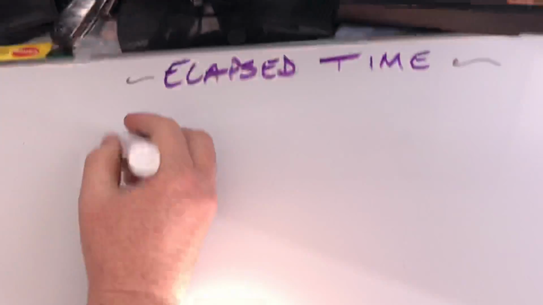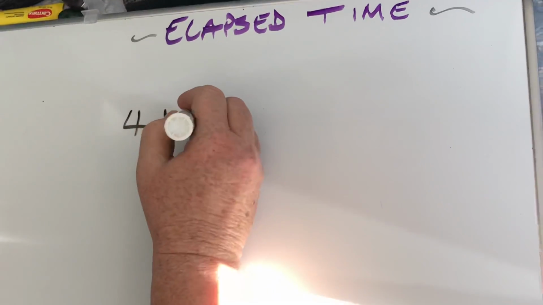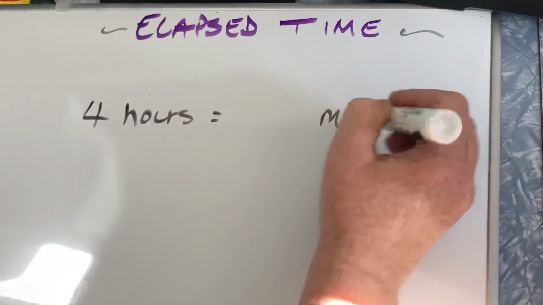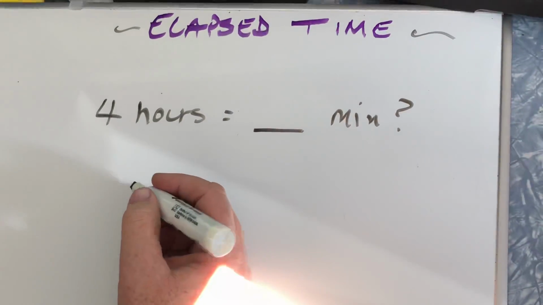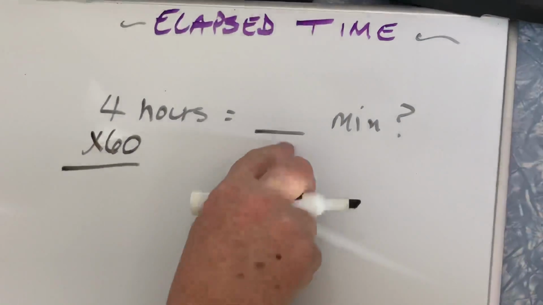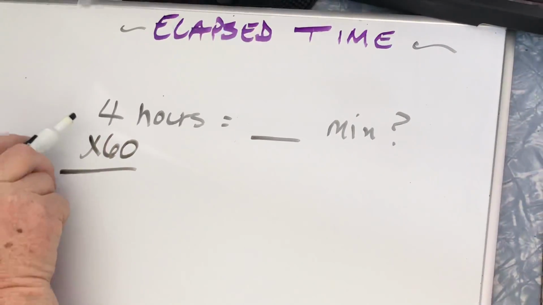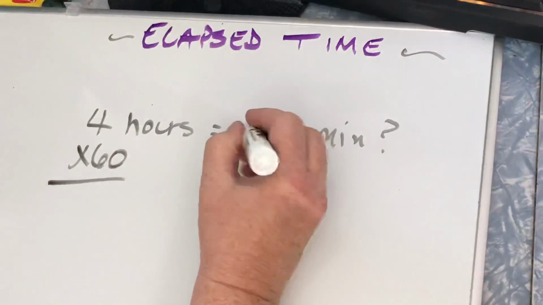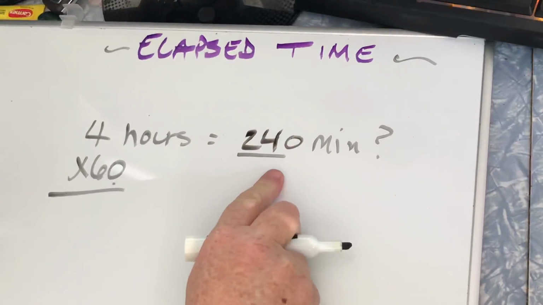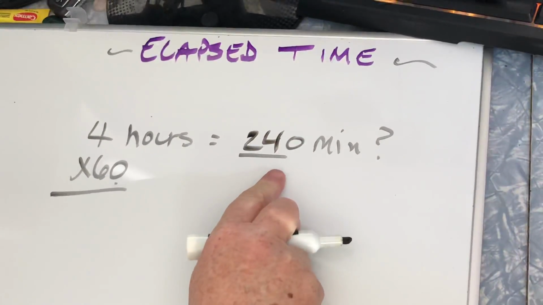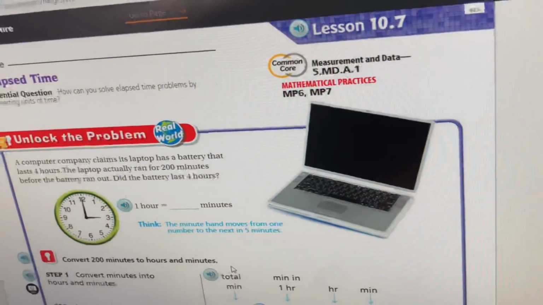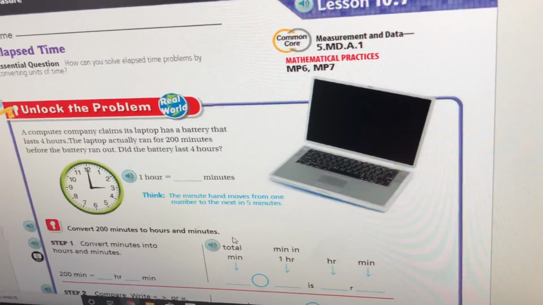So 4 hours equals how many minutes? 60 minutes in 1 hour. If I do this as times 60, I know what this is. Use the basic fact. 4 times 6, 24. Tack on that 0. The computer company is claiming that it'll last 240 minutes. The problem says that it actually ran for 200 minutes.